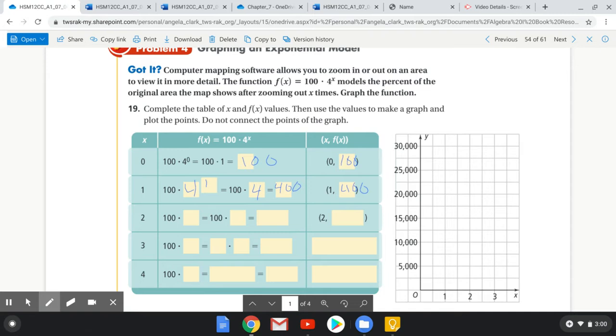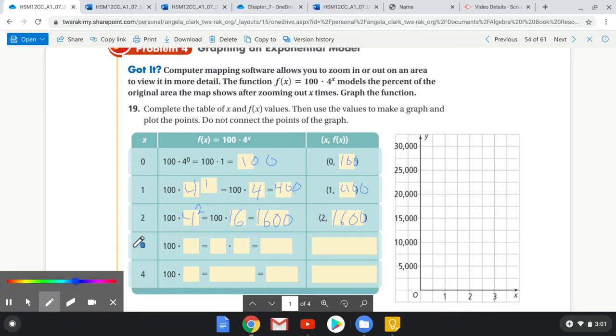And then when x is 2, we're going to have 4 to the second power, or 4 squared. 4 squared is 16. So 4 times 4 is 16, right? So 100 times 16 is 1600. So our next point is 2 and 1600.